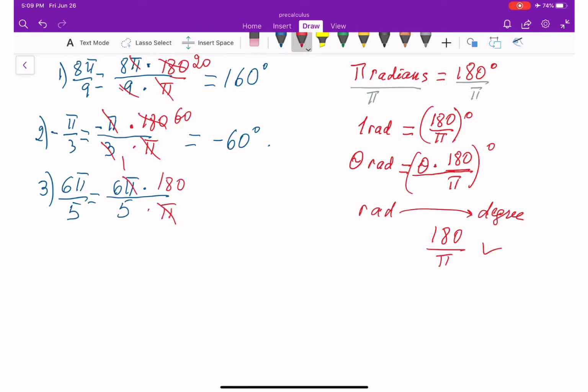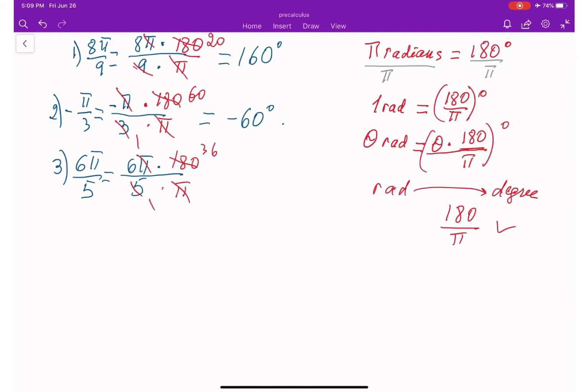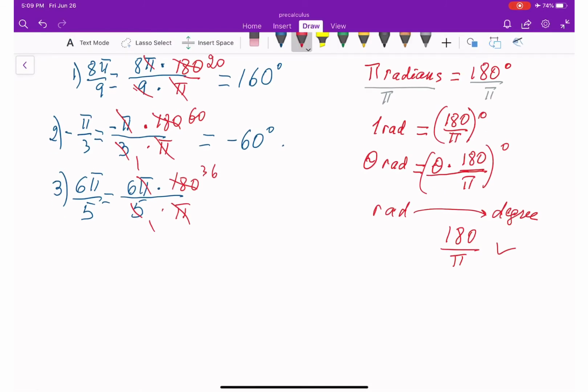Pi is gone. 5 and 180 I can reduce by 5. I'll get here 1. Here will be 36. And the result will be 36 times 6. 6 times 6 is 36. 3 in mind. 3 times 6 is 18.